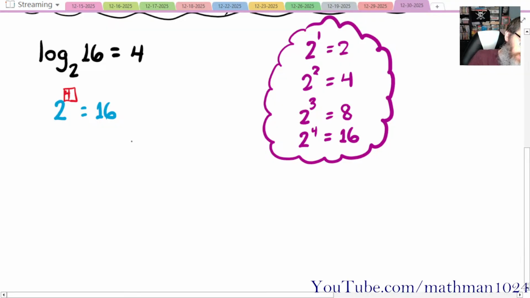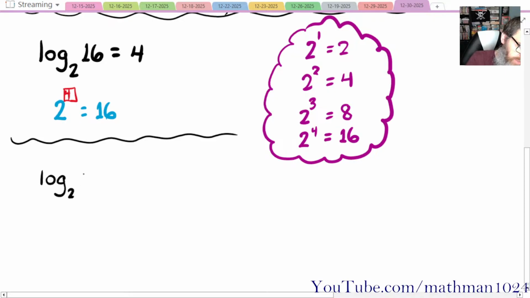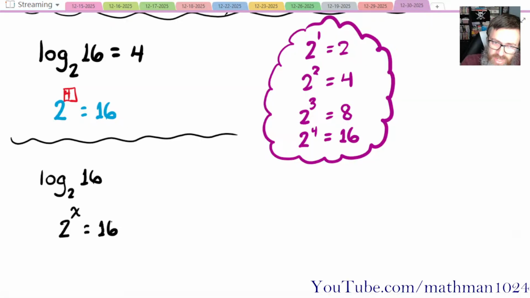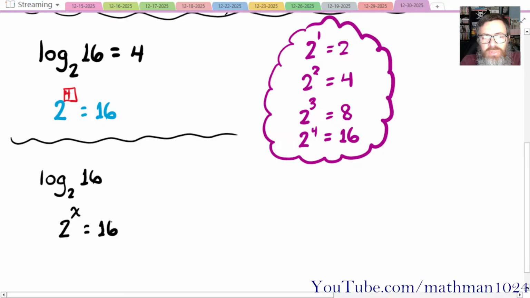Okay, so let me show you another way of looking at this. If I take log base 2 of 16, we know that we got to figure, okay, so 2 to some power, right? So 2 to, let's call it the x power, equals 16. Well, what you're doing is that you are thinking about this in terms of an exponential equation. And if you look at the video that I streamed yesterday, College Algebra Day 9, you'll see that we go over how to solve exponential equations like this.